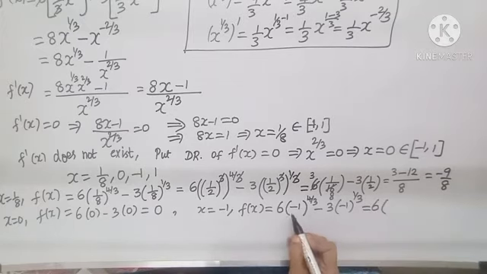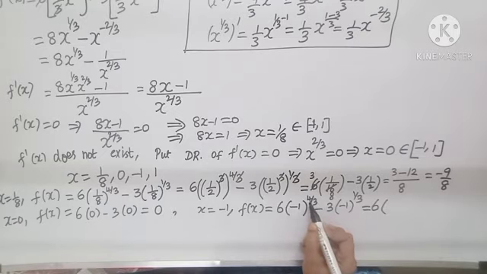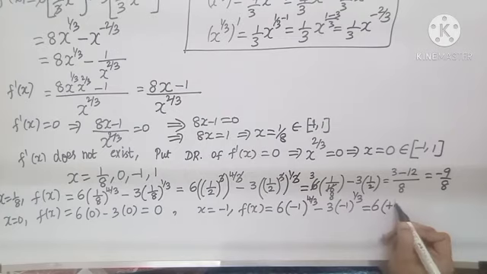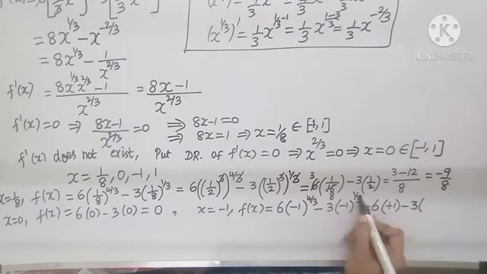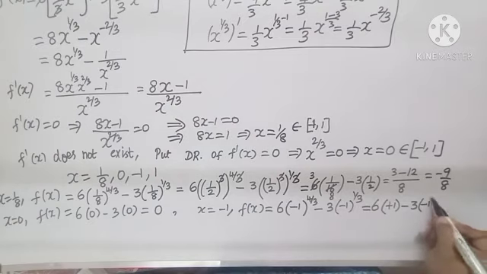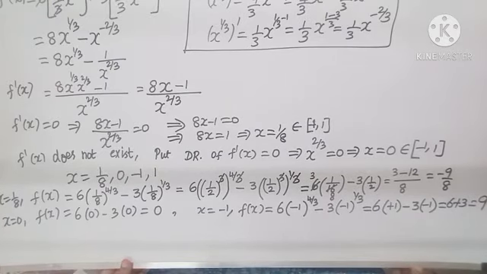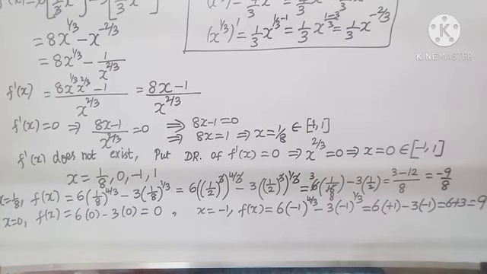Minus 1 power 1 by 3, it is minus 1. When I put the whole power 4, it is an even power, so it gives me plus 1. Minus 3 into minus 1 power 1 by 3 is minus 1 only, which is 6 plus 3, and so we get 9. As we complete the third value, let us go on to x is equal to plus 1.